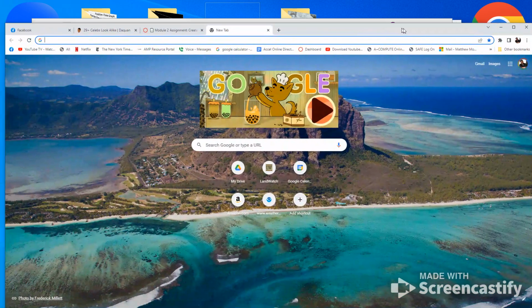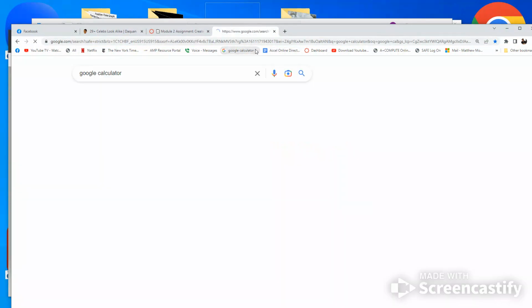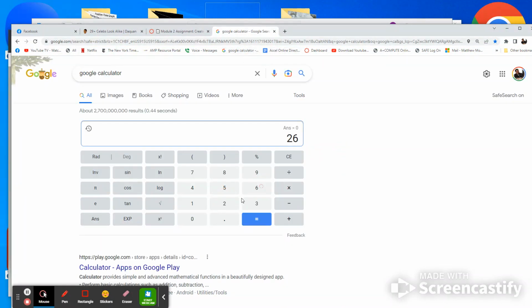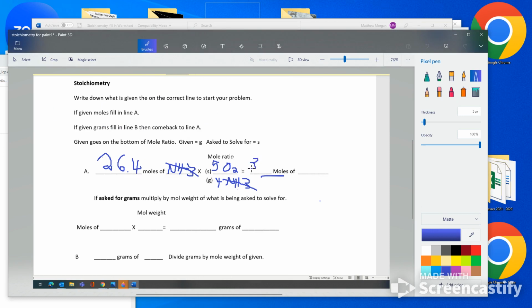And you can go right into Google Calculator right here. Boom. 26.4 times 5 equals, divided by 4. And since we have moles to moles, that's it. That is the entire thing. You have 33.